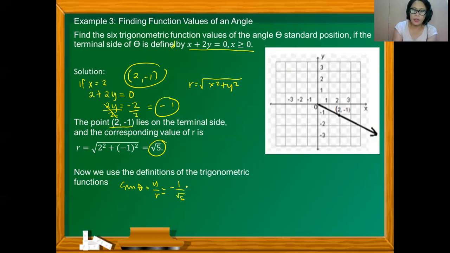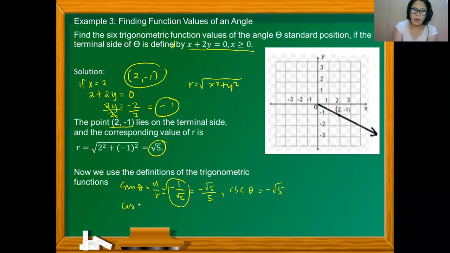Of course, simplifying this, rationalizing the denominator, we have negative square root of 5 over 5. And its reciprocal function, cosecant theta, is equal to the reciprocal of this. So we have negative square root of 5.